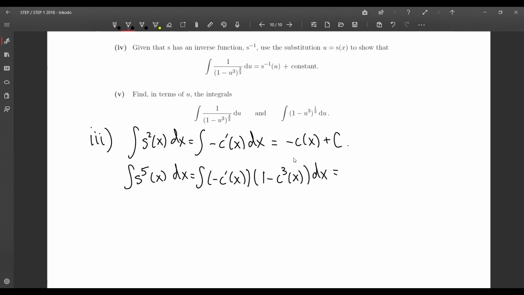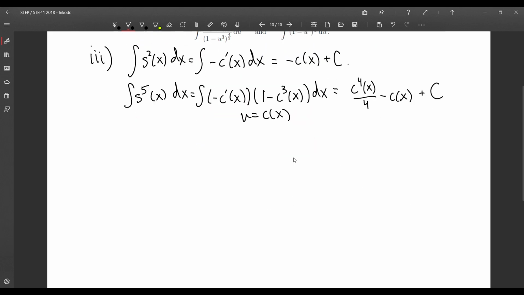And so this is like c to the fourth x over 4 minus c of x plus big C. Because then you can u sub, you can do u equals c of x. So that's very, very interesting.